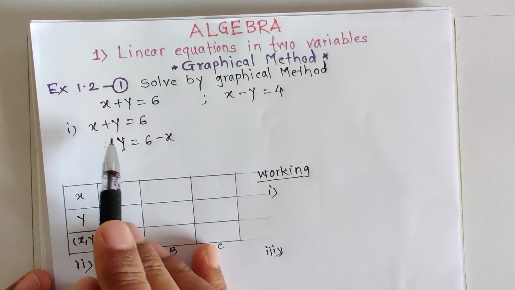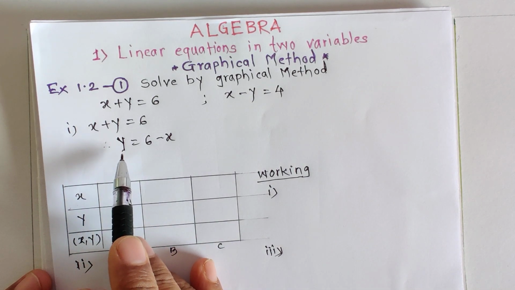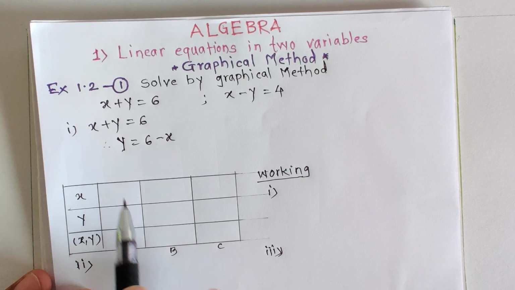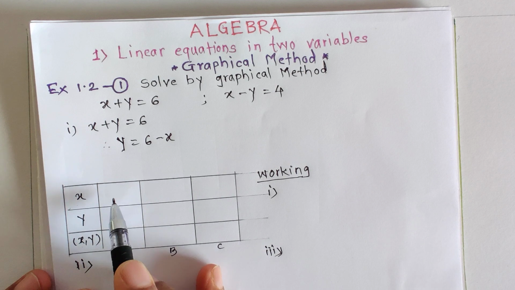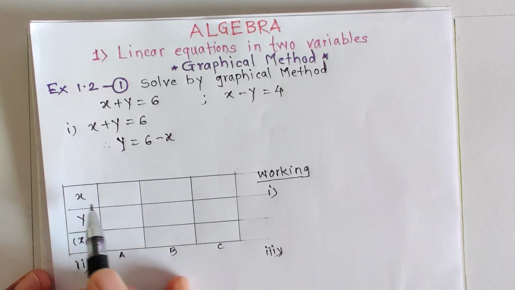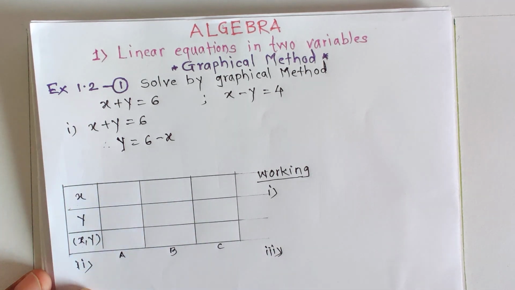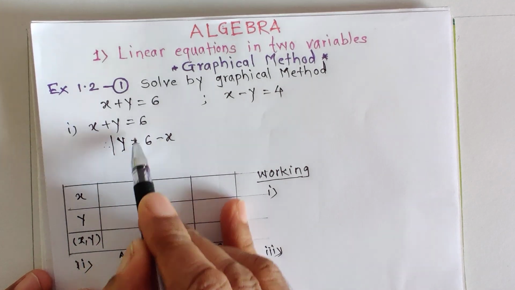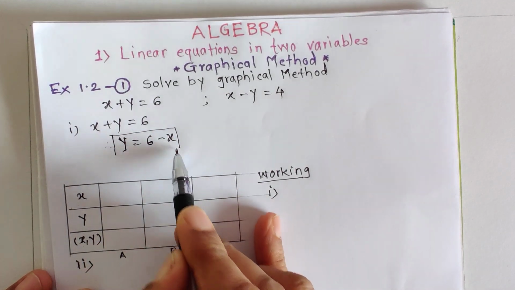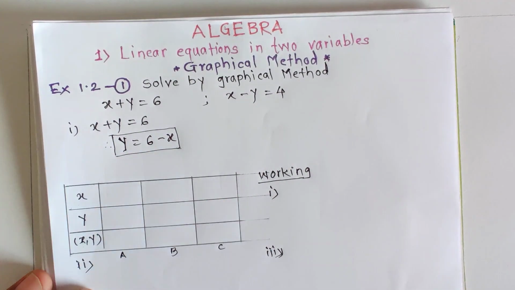So here first it is essential to get the formula to calculate the value of y. Now we have to select any possible values of x. We can take any values of x. If you put those x values in this formula, you will get the values of y.